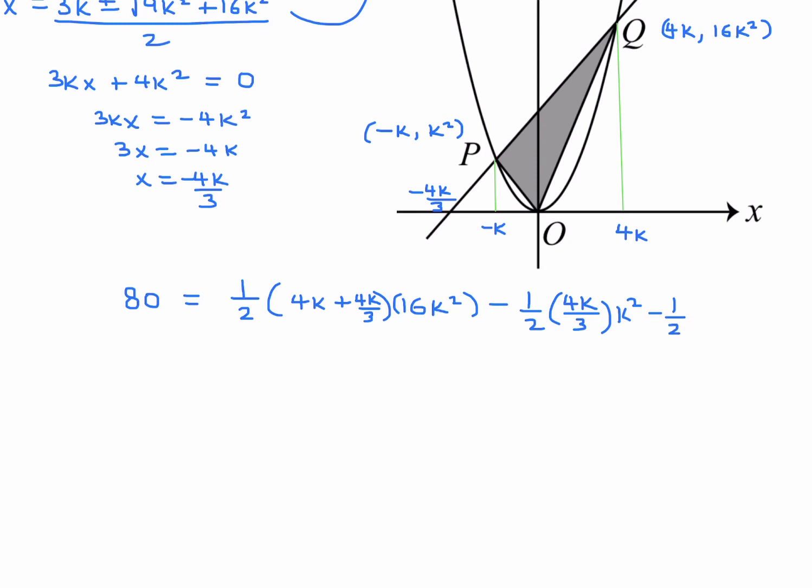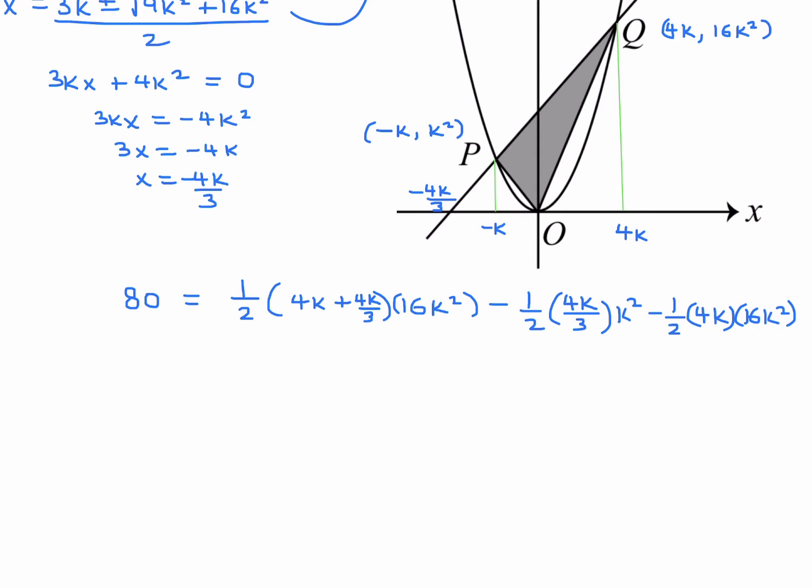And then I have to subtract this triangle, and that one, 1/2 base times height. The base is easy, that's 4k. And then the height is the y-coordinate of that point right there, so 16k squared. Okay, so this is the equation I have to solve to figure out the numerical value for k.